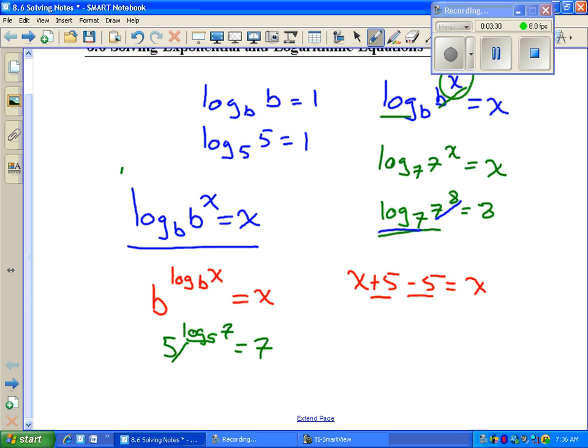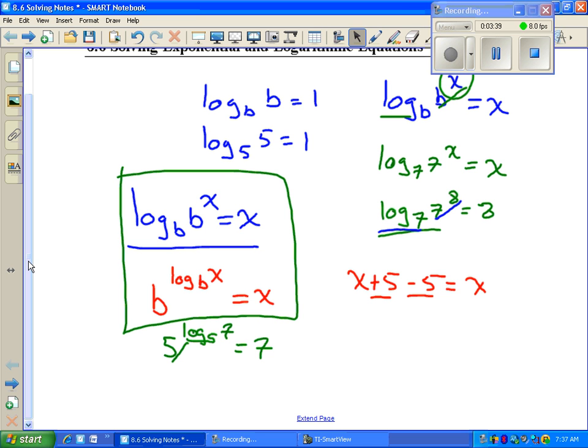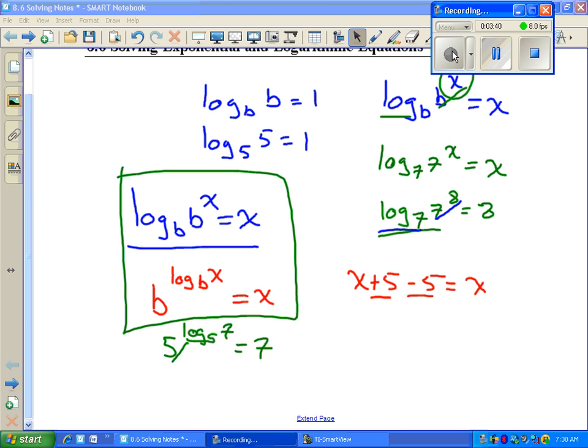These two rules, in red and blue, make sure you write those down and they make sense to you. Those are the rules that we will be using today. There are about 4 different types of problems that we're going to use these properties on. Let's see how they work.